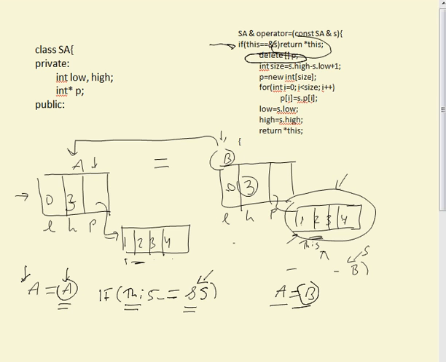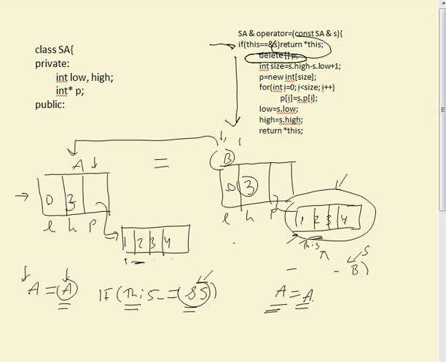But what happens if I say A is equal to A? Not A is equal to B, but I say A is equal to A. When I say A is equal to A, this on the left-hand side is going to be the address of A. The right-hand side, the address of S, is going to be the address of A. In that case, we don't want to go through and do this because that's going to mess everything up as we saw.